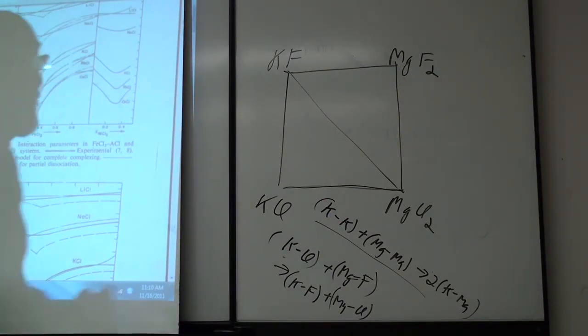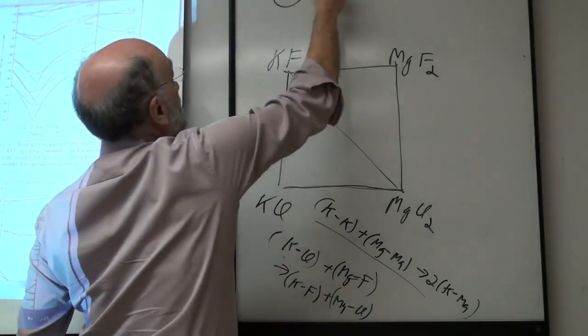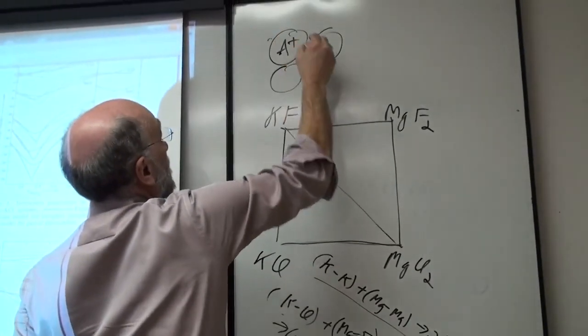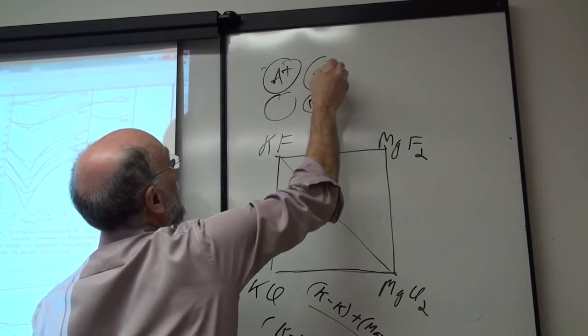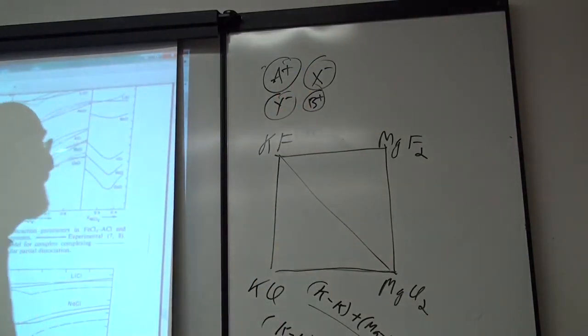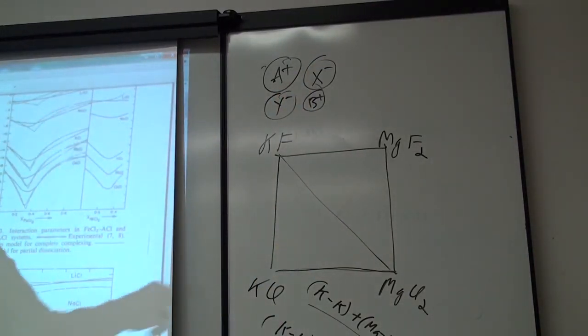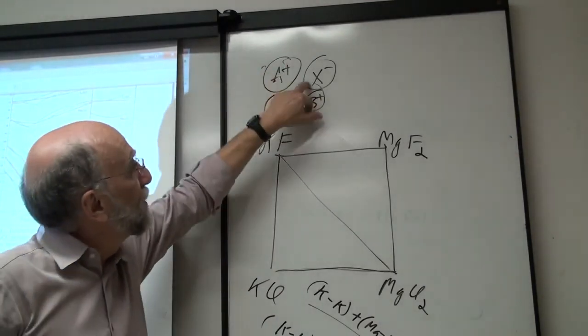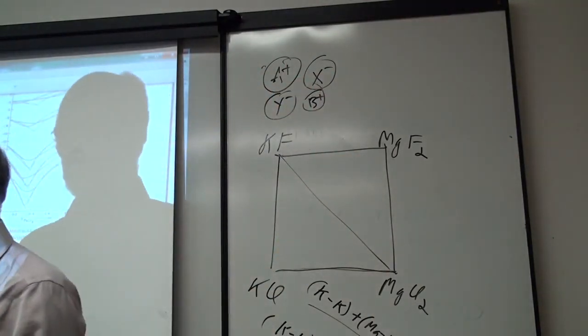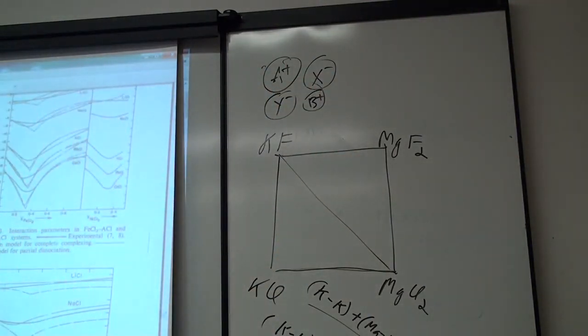Remember, in the quadruplet model, you deal with a quadruplet, which is A plus, B plus, X minus, Y minus. And then in the quadruplet, you can have first nearest neighbor pair ordering, you can have second nearest neighbor pair ordering. And you had to put the two together. They're coupled.